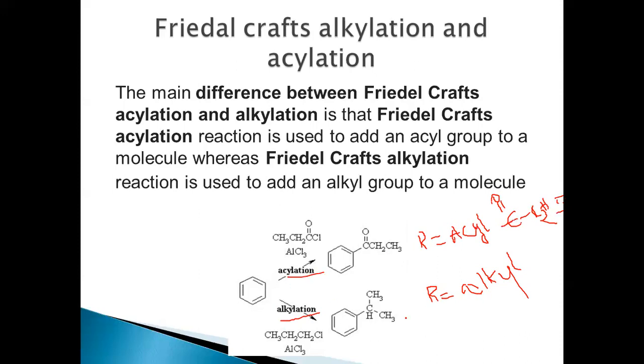And if it's an alkyl group, here an isopropyl group which is introduced, then it is Friedel-Crafts alkylation. The main difference is that Friedel-Crafts acylation is used to add an acyl group to a molecule, whereas Friedel-Crafts alkylation is used to add an alkyl group to a molecule.